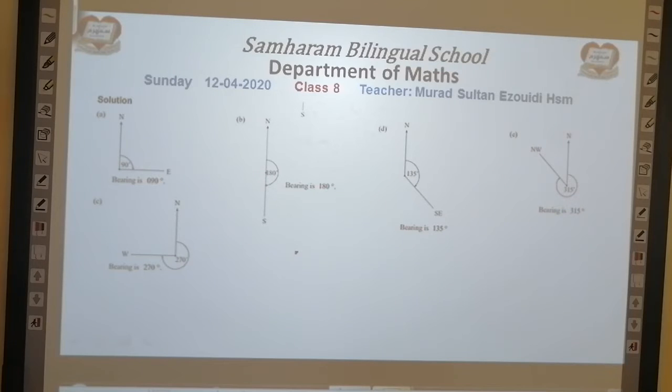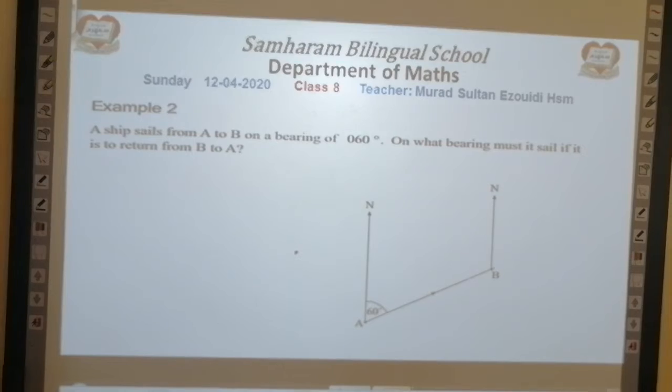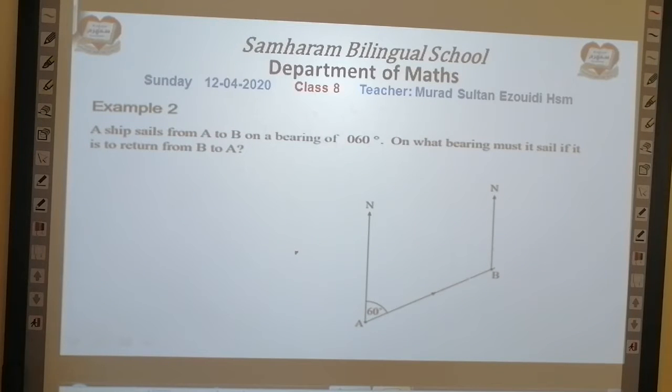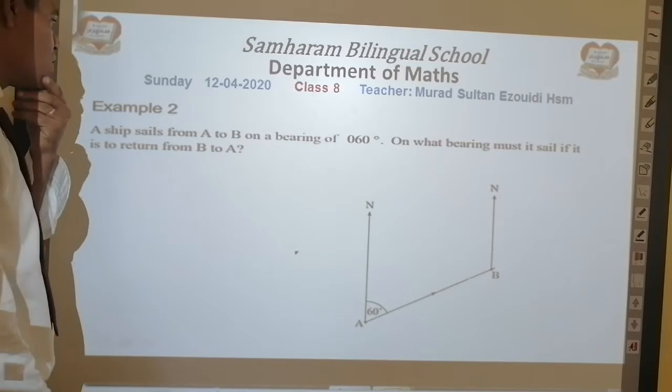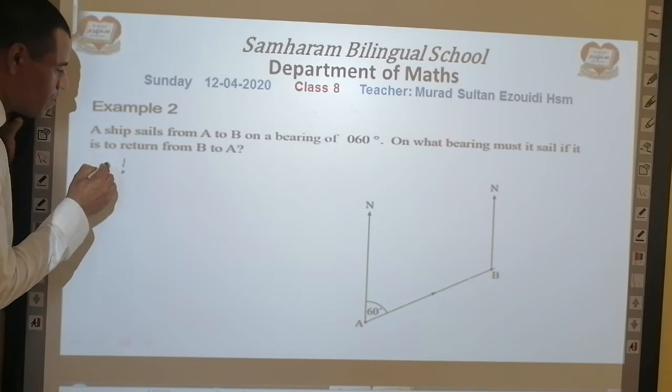So, okay. The next. A ship sails from A to B on a bearing of 60 degree. On what bearing must it sail if it is to return from B to A? Okay. We want to work out, the question is what?